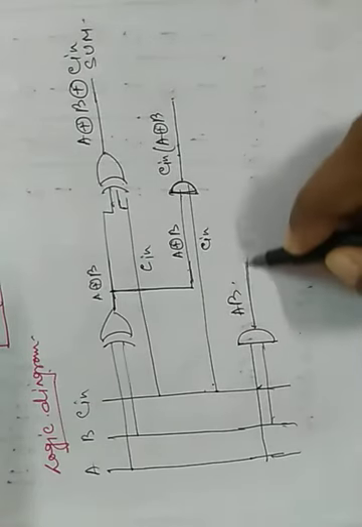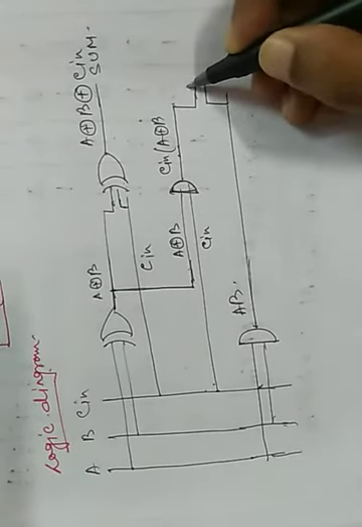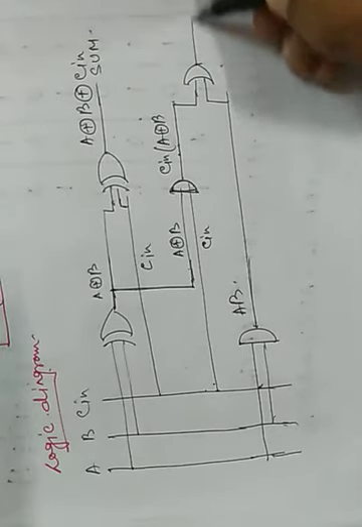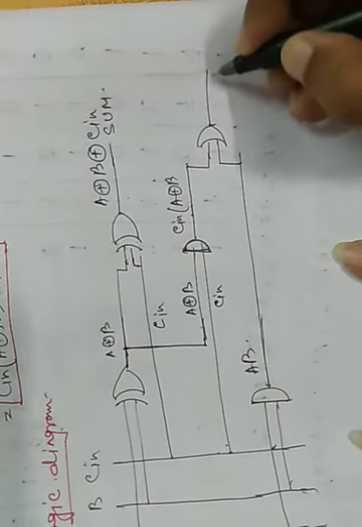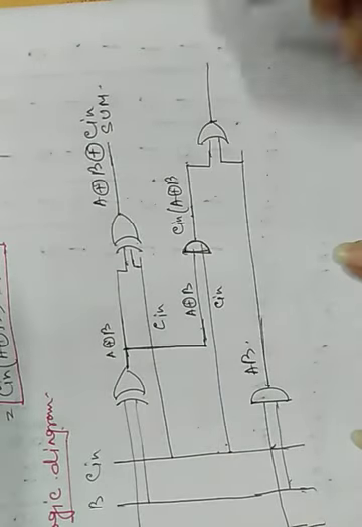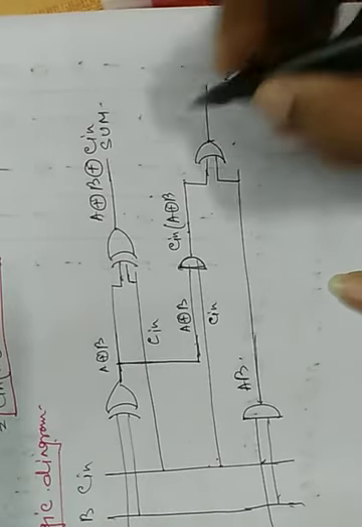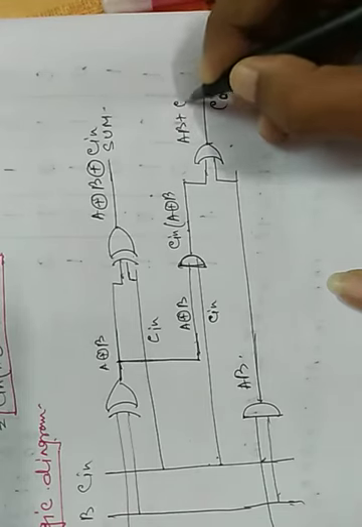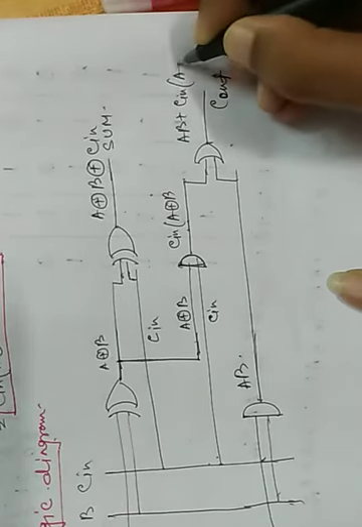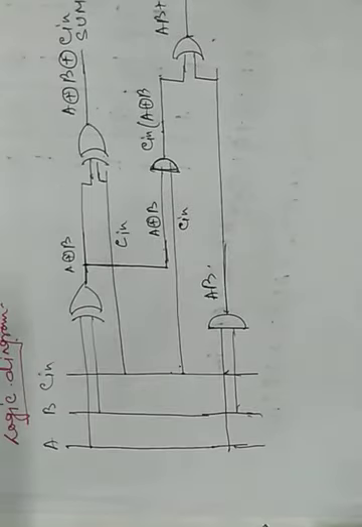So this input A B and this input C in (A exclusive OR B) pass through one OR gate. And this will be the C out expression, AB plus C in (A exclusive OR B). This is C out. Okay.